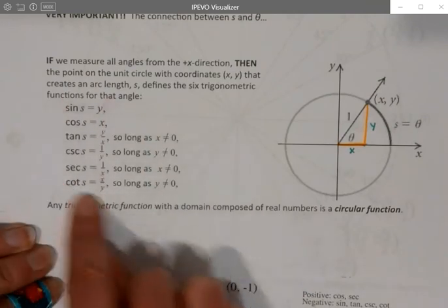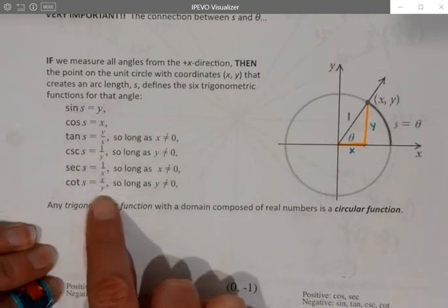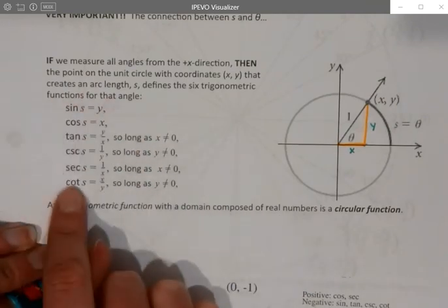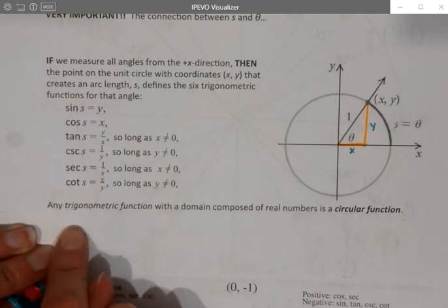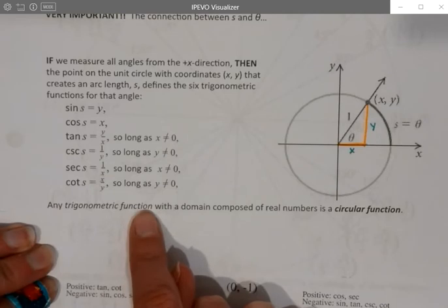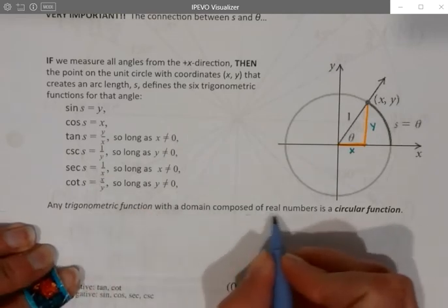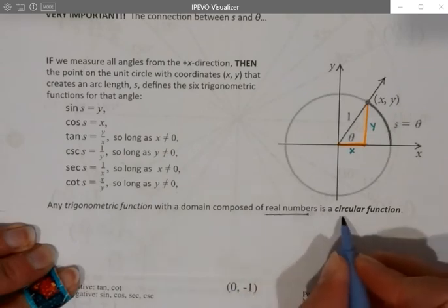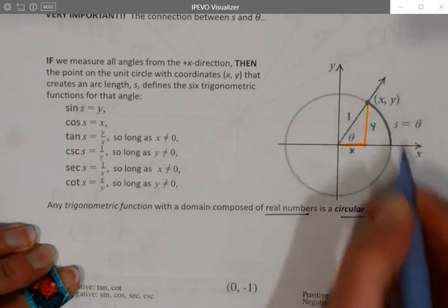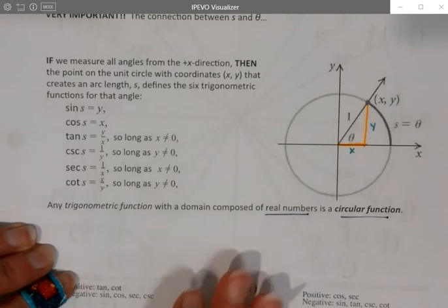So all of these are true on the unit circle. We're going to build on this as we get to the next page, and further in this section we're going to talk about how any trigonometric function is going to have a domain of all real numbers, and these are all called circular functions because of the way that they're defined based on that unit circle.